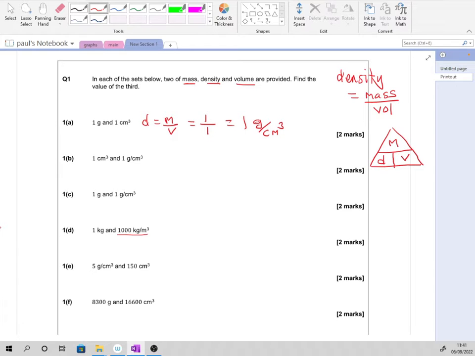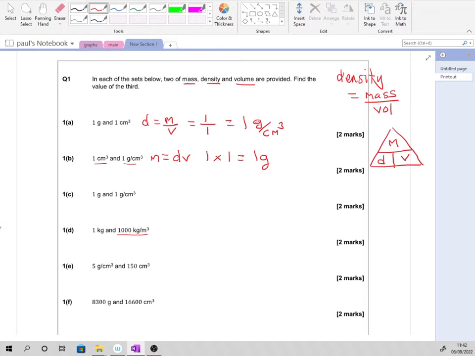Right, so here we've got the density and here we've got the volume, so we need to find the mass. The mass is equal to the density times the volume, which is 1 times 1, which equals 1 gram.